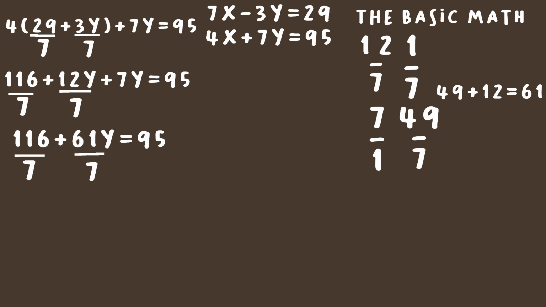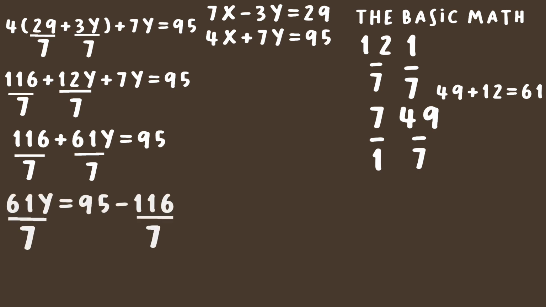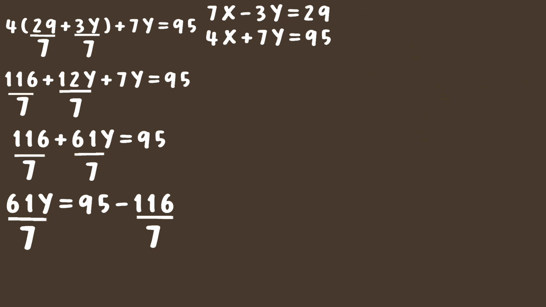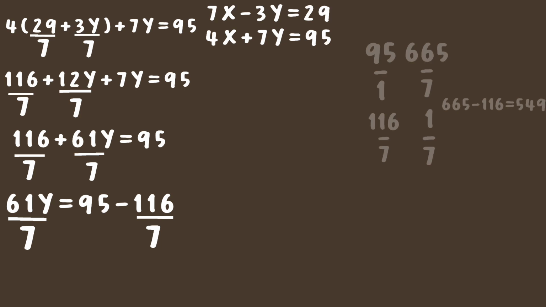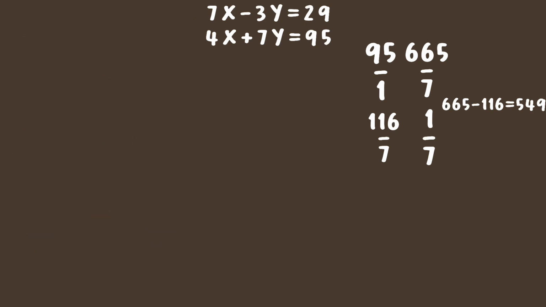And I subtracted, since the 116 over 7 became a negative. And since it was a fraction, I had to find a common denominator, which was 7. And so I did 106 over 7 minus 95 over 1, and I got 665 over 7 minus 116, and that left me with 549.